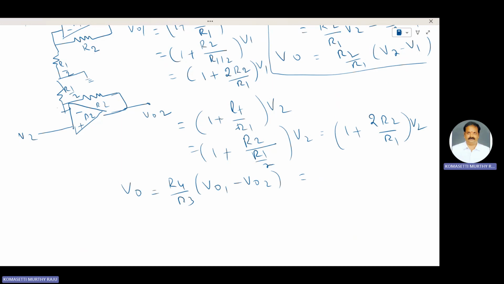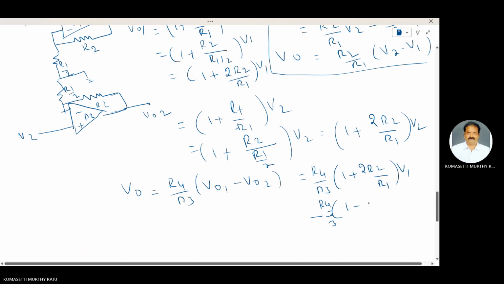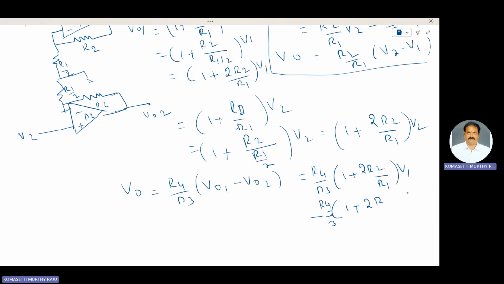V0 is R4 by R3 times (V02 minus V01), where V01 is equal to 1 plus 2R2 by R1 into V1, and V02 is 1 plus 2R2 by R1 into V2.